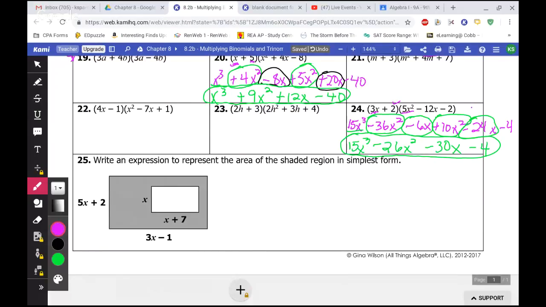Write an expression to represent the area of the shaded region in simplest form. So what you're trying to do is, area is length times width.